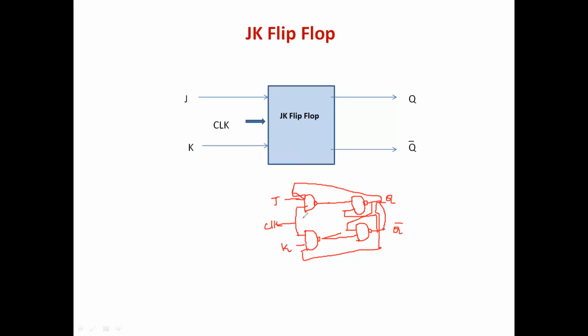So let me analyze it for all the cases. I'll write the truth table for JK flip-flop here. J, K, and the outputs are Q and Q bar.